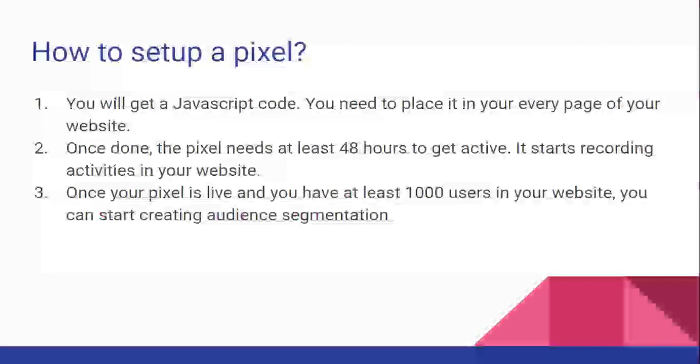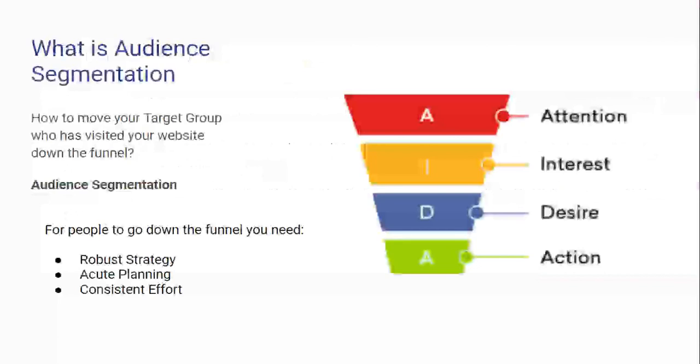So remember, once the pixel is live, you should have at least 1,000 users on your website. If you don't have 1,000 users within 48 hours, that means people are just not coming to your website. Then you have to refine your strategy to bring people to your website. That's where you understand it's not a pixel issue; it's a strategy issue.